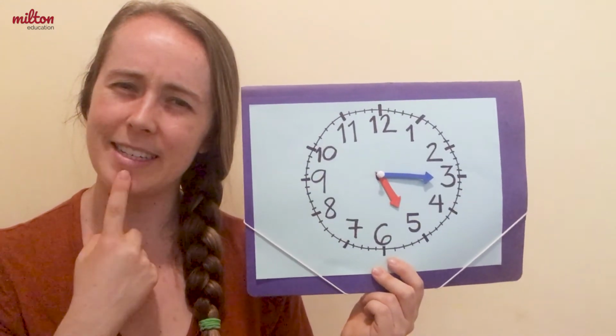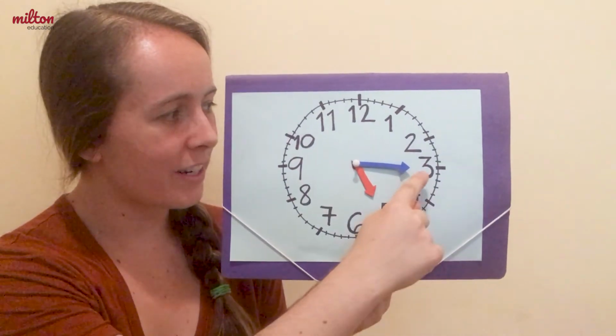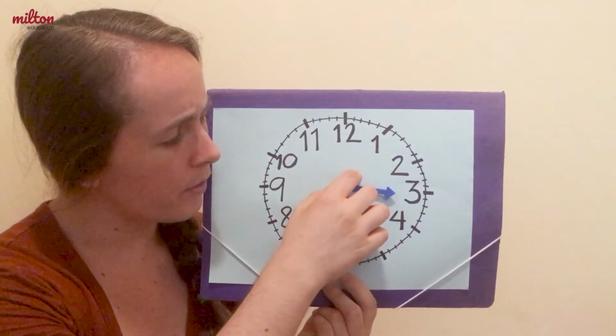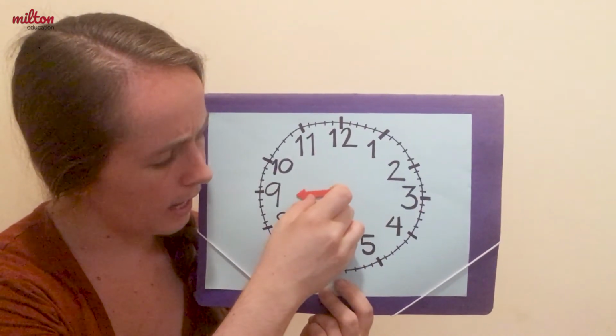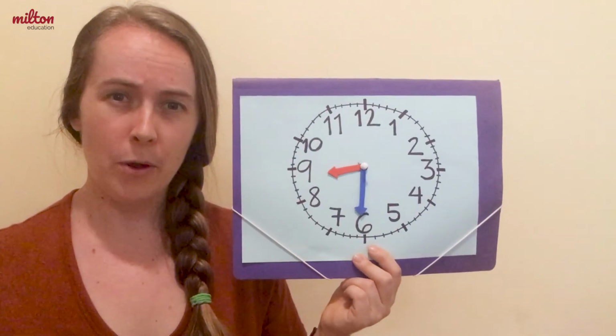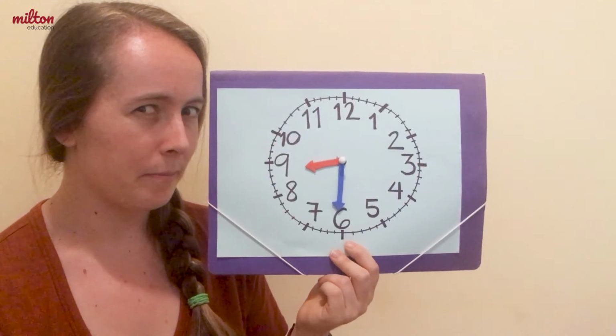Now what time is it? What is the secret identity of this number? What if the clock now looks like this? What time is it now? What is the secret identity of this number?